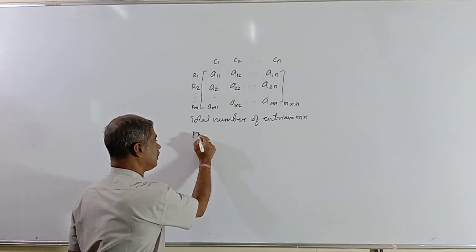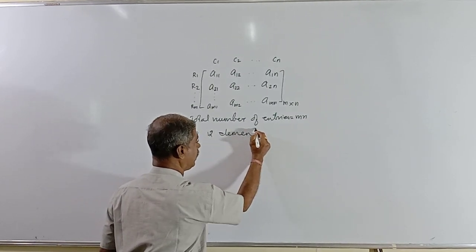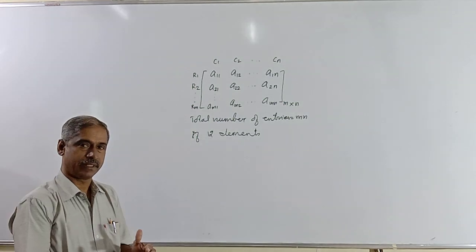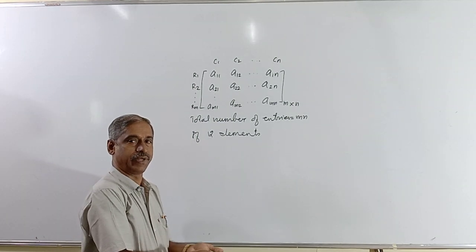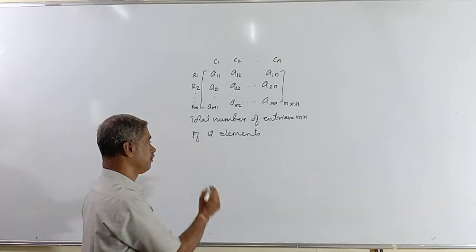If we have 12 elements, we can identify how many possible ways there are of arranging them into different matrices.